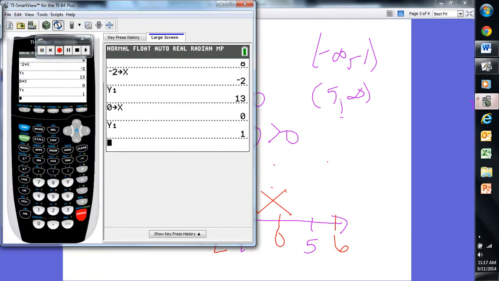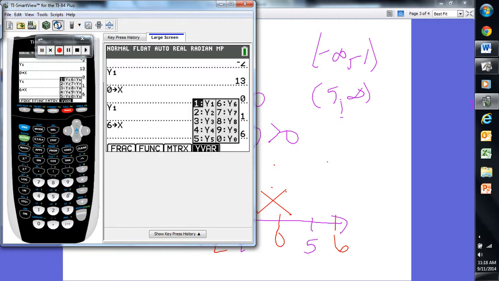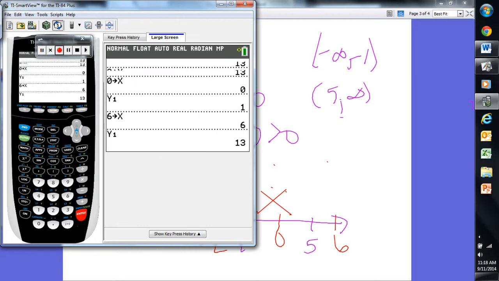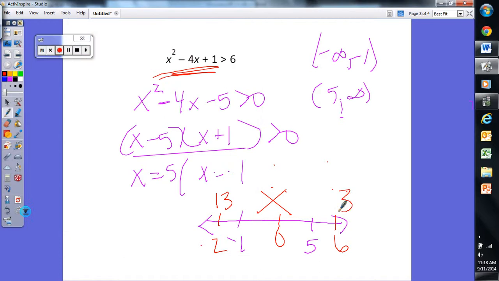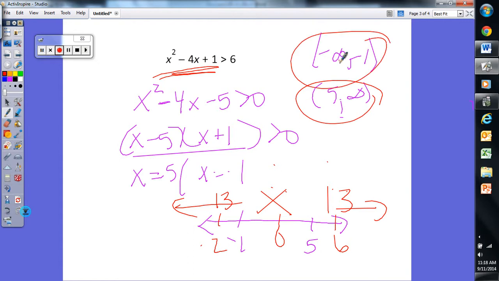And then I'm going to try 6. I'm going to store 6 in x, and I want to evaluate for y1, and it's 13, which is greater than 6. So it's true this way, and it's true this way, just like our graph showed us originally.